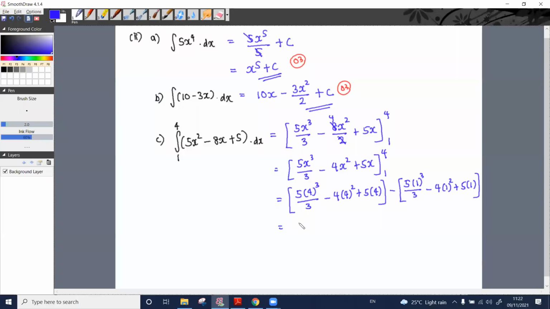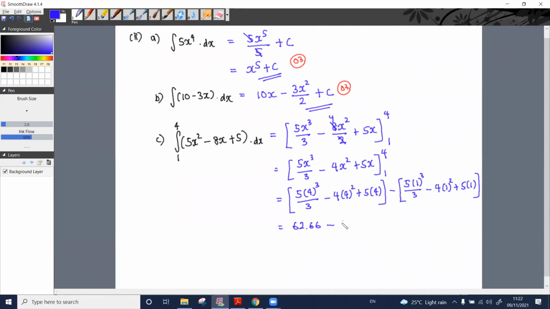So here it should be what? 5 into 4 to the power 3 over 3 minus 4 into 4 squared plus 20. So it is 62.66. 62.66 minus what? 5/3 minus 4 plus 5.